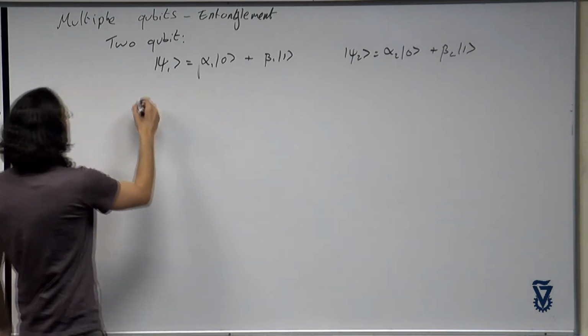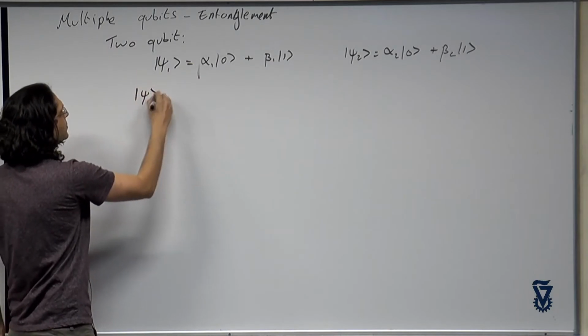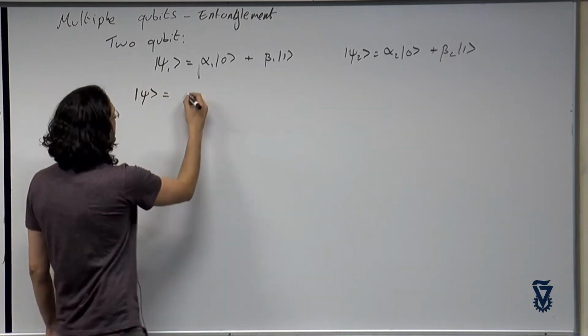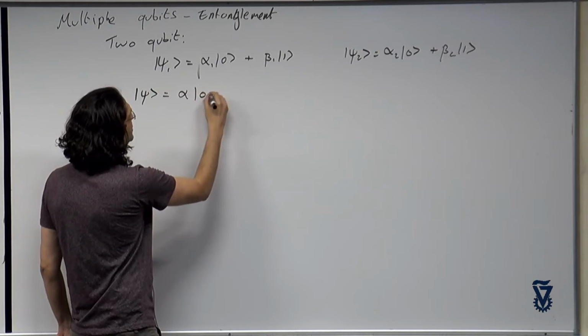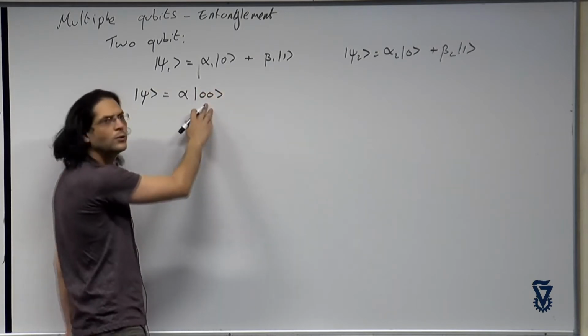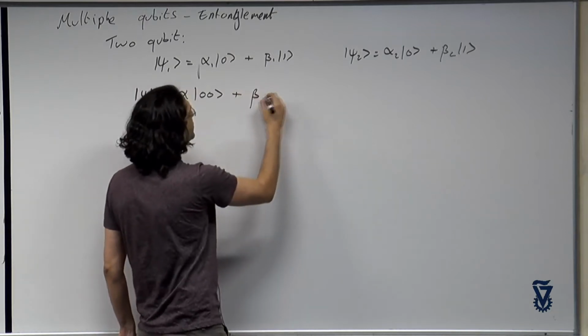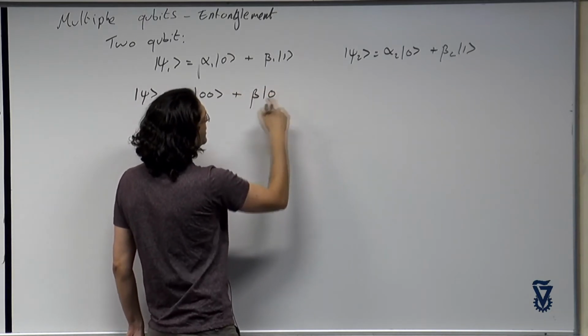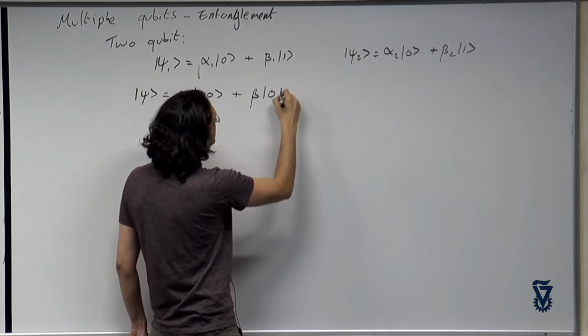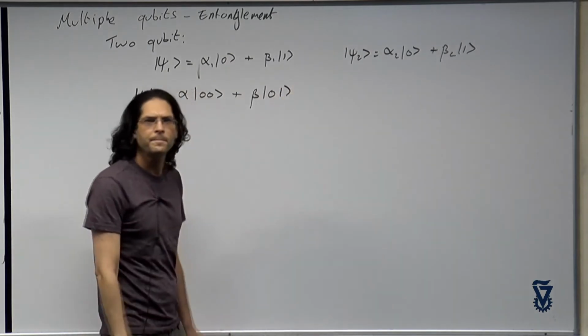The joint wave function for these 2 qubits is just going to be written as some amplitude alpha for 0, 0, that both qubits are in 0, plus some amplitude that qubit 1 is in 0 and qubit 2 is in 1.